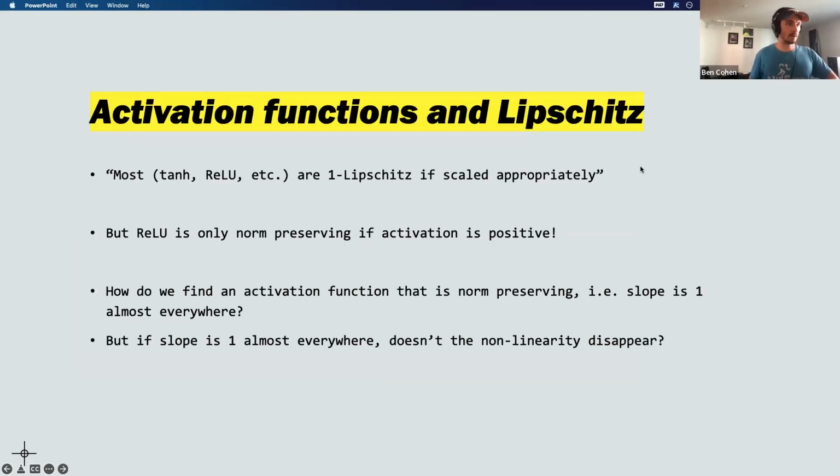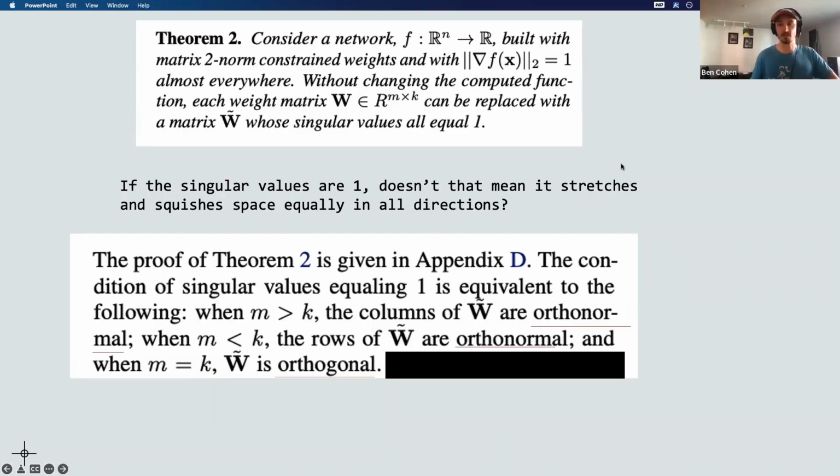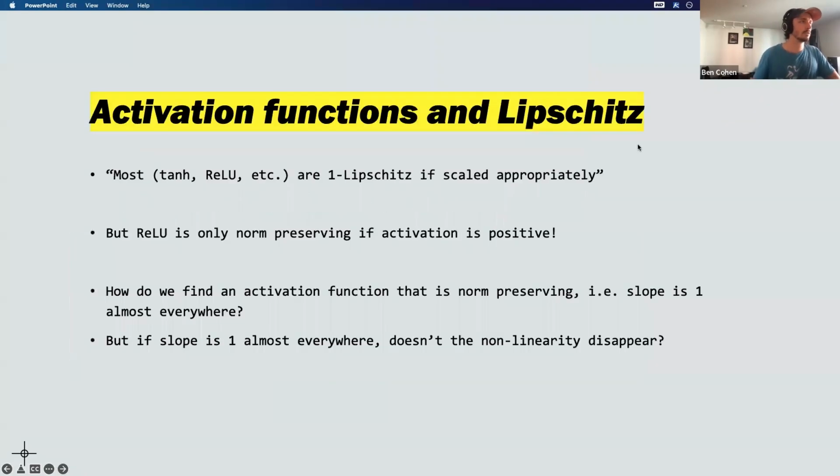Okay, so now on to activations. I guess the whole point of all these theorems is that, first of all, instead of searching over W, I can search over the class of matrices with singular values all equal to 1. And this helps with searching over W's. And then for activation functions, they have a couple of notes.